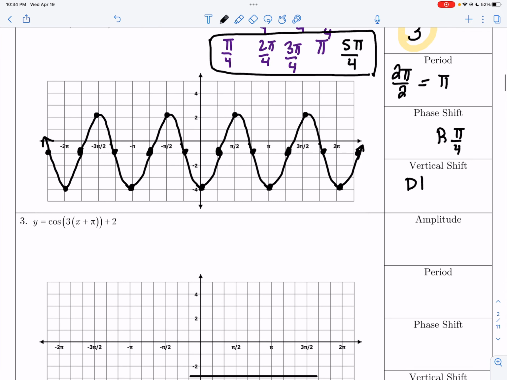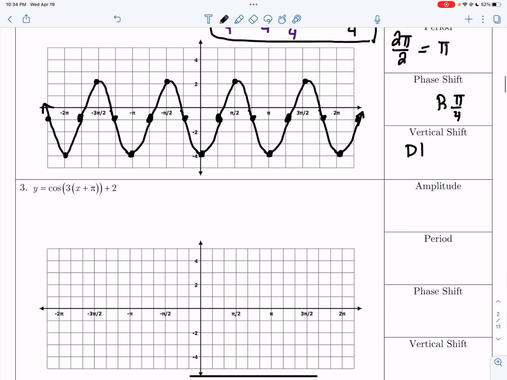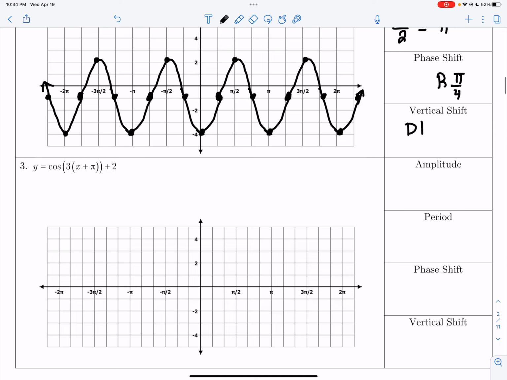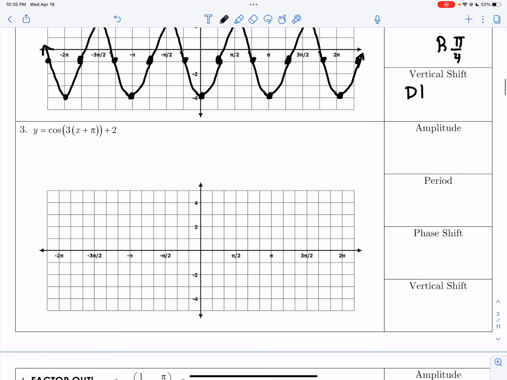Of course, make sure that you have arrows representing that this goes on forever and ever and ever.